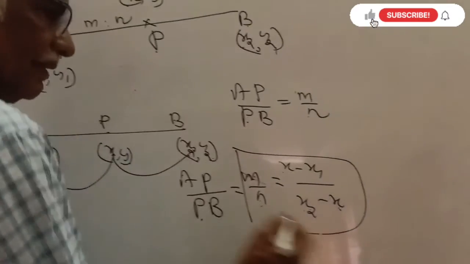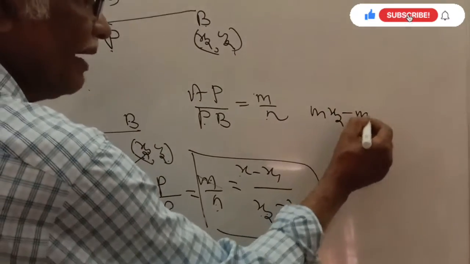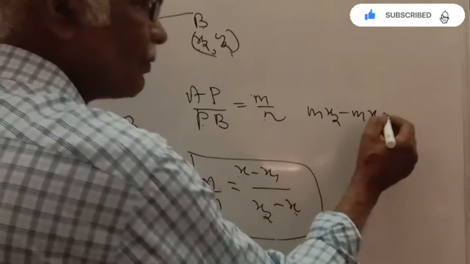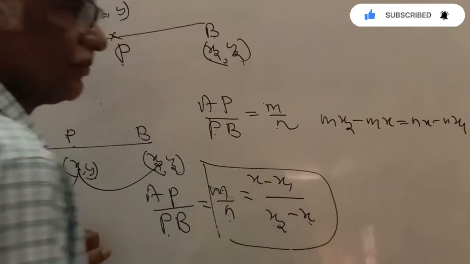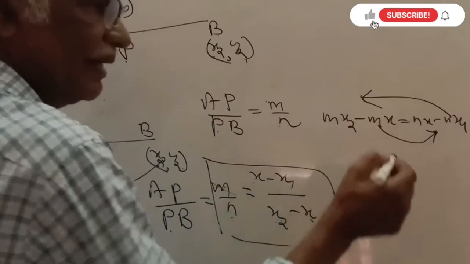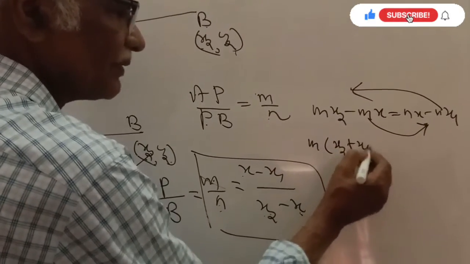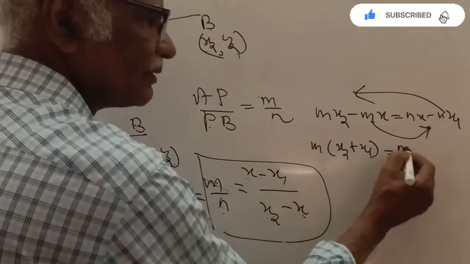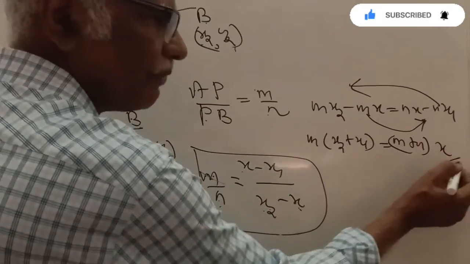Now we do this: mx2 minus mx equals nx minus nx1. So this will go to the other side, this will come here. We get m into (x2 plus x1) is (m plus n) into x. We are looking for x.